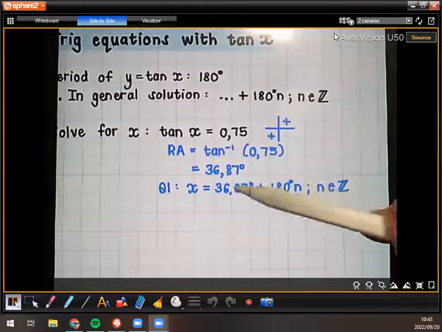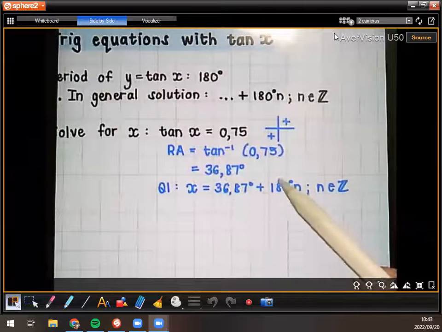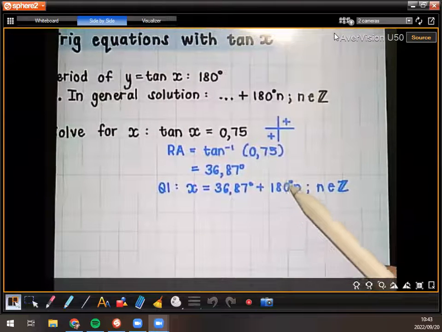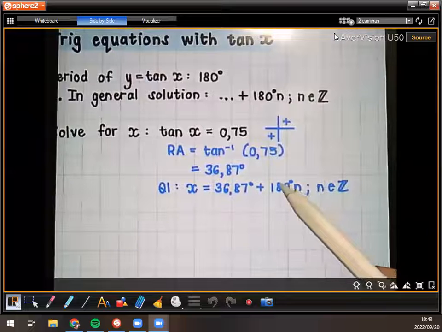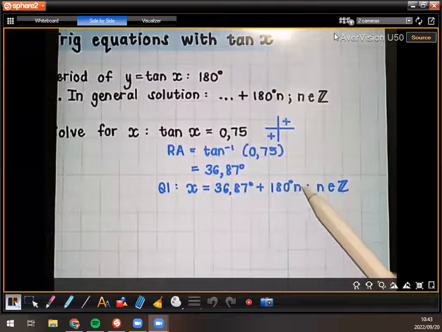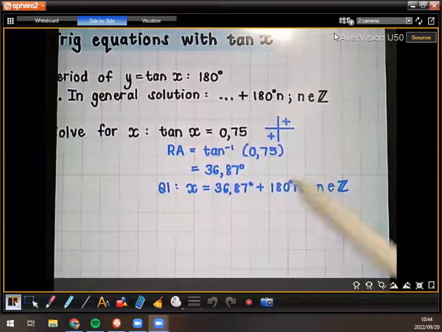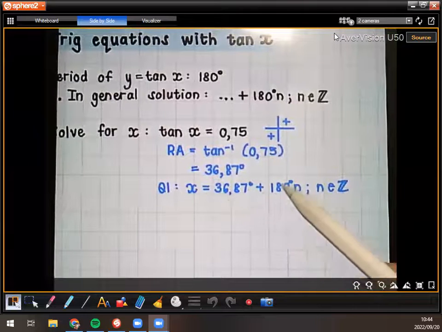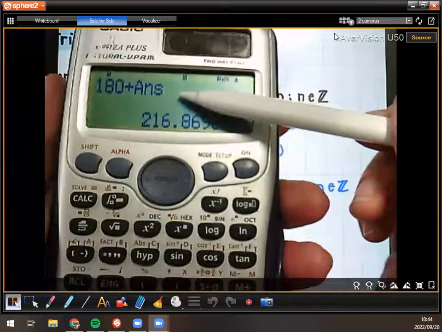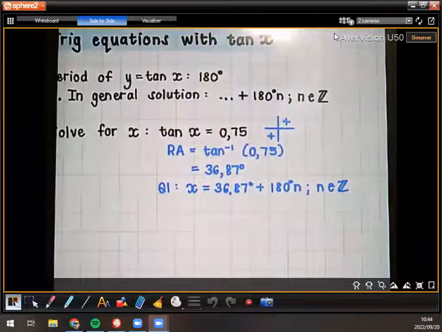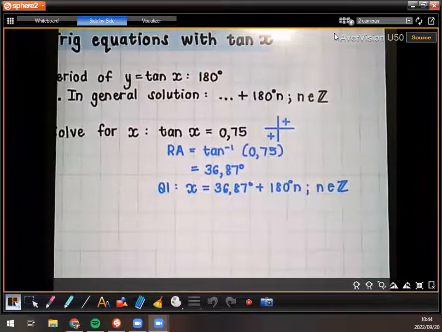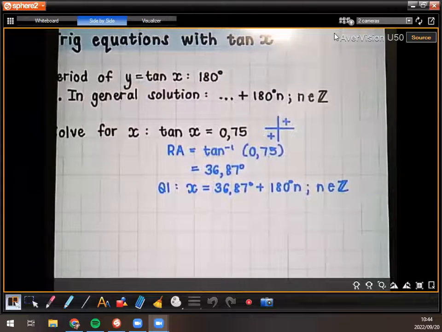What is this general solution saying? 36.87 plus 180 times any whole number. So I can make n equal to 0. If I make n equal to 1, this is going to be 36.87 plus 180, which is exactly what I did here. So what happens with tan is we actually only have to write one general solution, because this general solution will give you the second general solution.